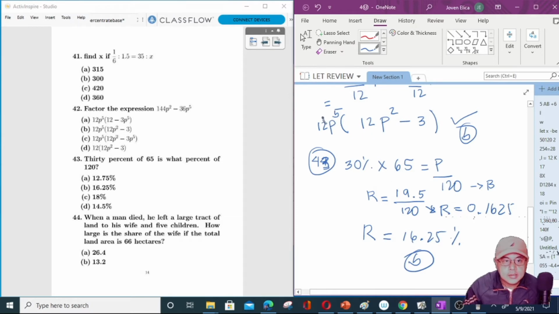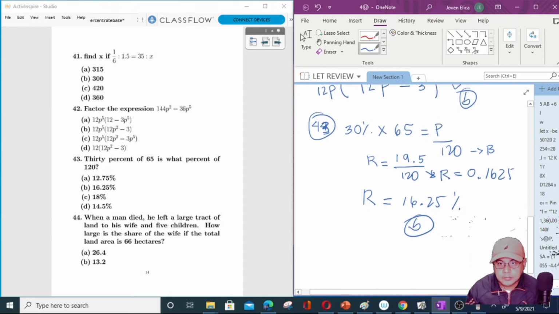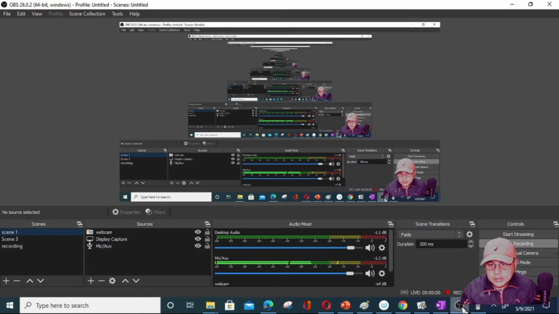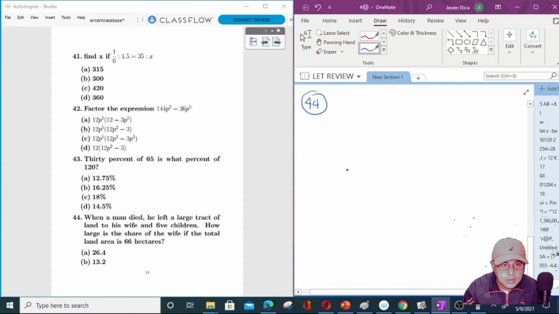All right. So number 44. Number 44 is: when a man died, he left a large tract of land to his wife and 5 children.